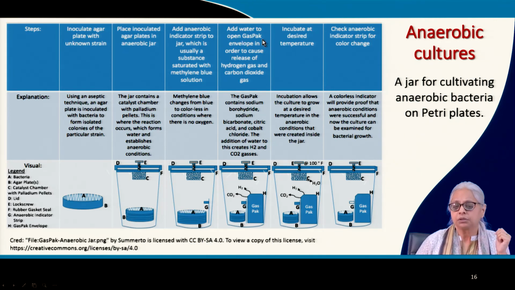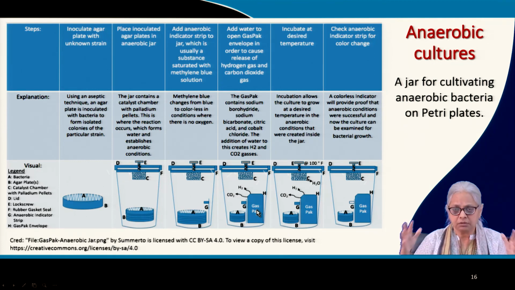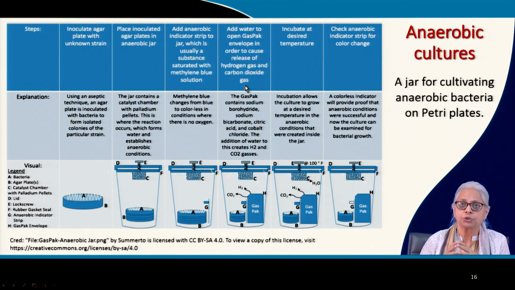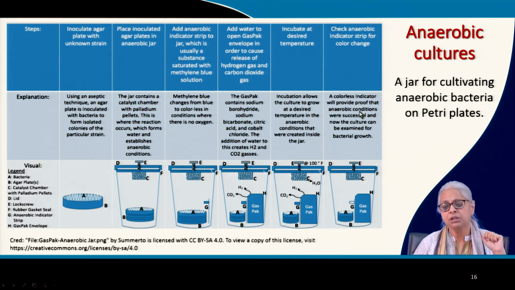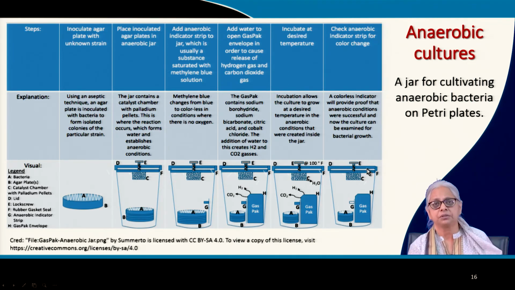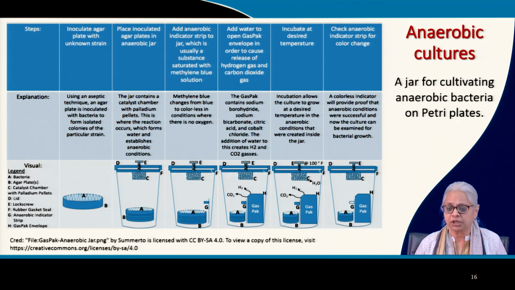You add water to open the gas pack that is part of this package, and it causes the release of hydrogen gas and carbon dioxide, which replace the original air inside the anaerobic jar. You can then incubate it at a particular temperature and check the indicator strip for any color change.